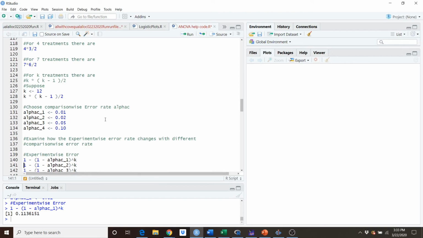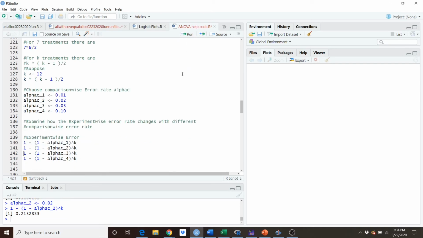However, let's set our comparison-wise error rate to 0.02 and see what happens. Well, now we get an experiment-wise error rate of 0.2152833. So a little over 21% of the time, we're going to make an error in our experiment.